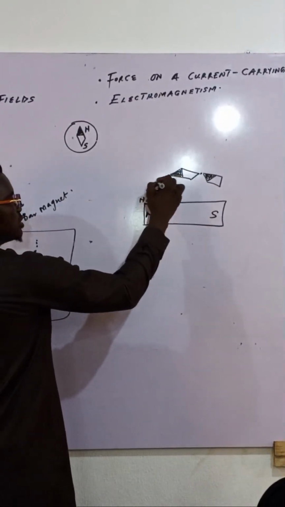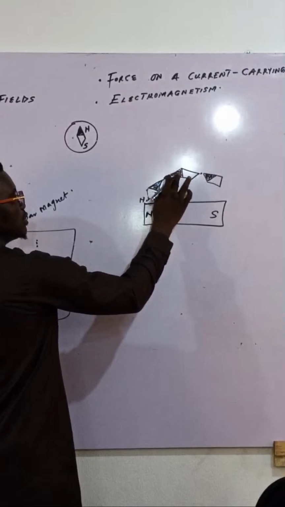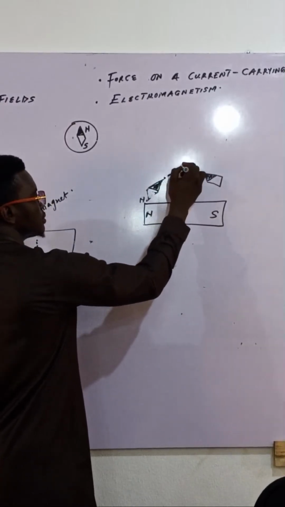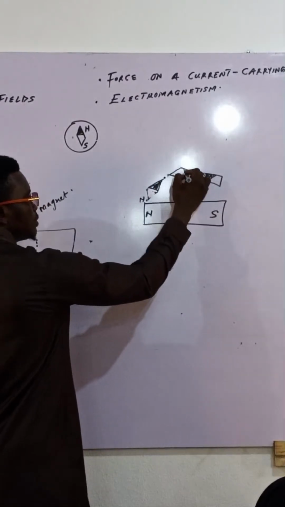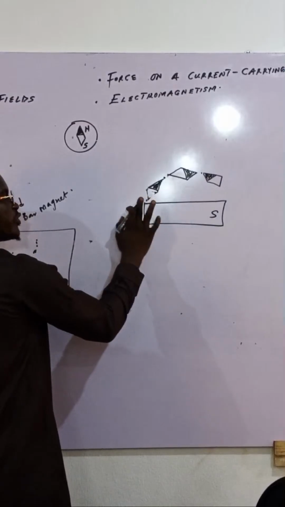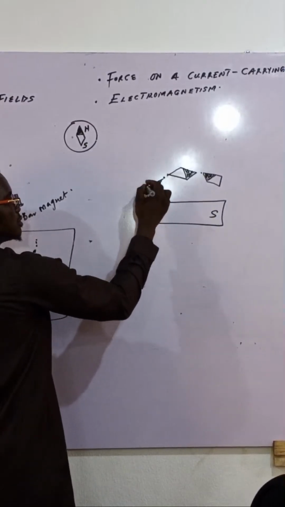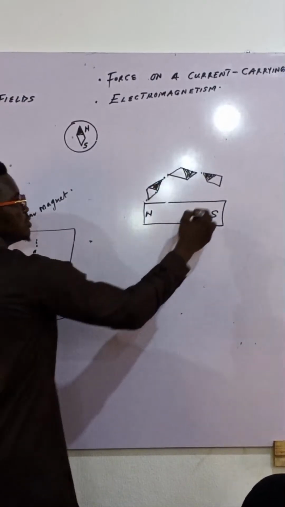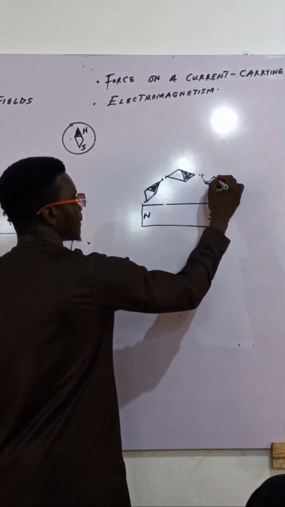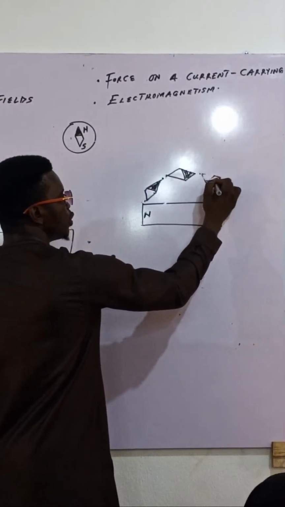This side should be the north. The north will run away from north. Then let's do one more.